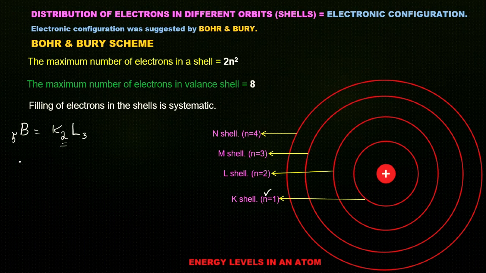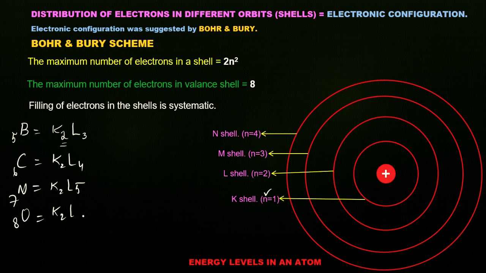For example, carbon 6 is K2L4, nitrogen 7 is K2L5, oxygen 8 is K2L6, fluorine 9 is K2L7, and the last one, neon, is K2L8.